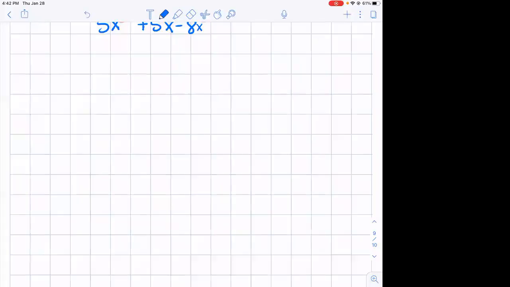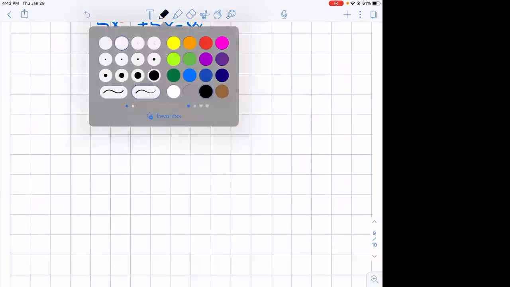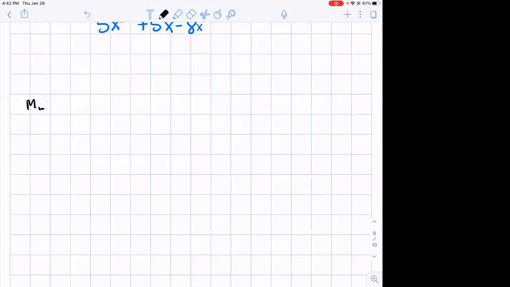So let's look at multiplying polynomials. You've done this before.